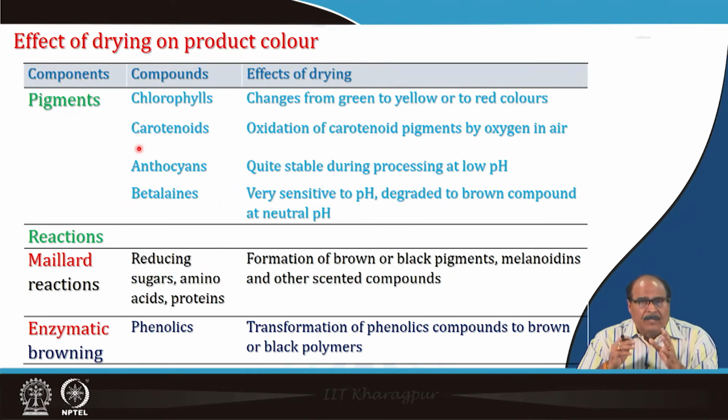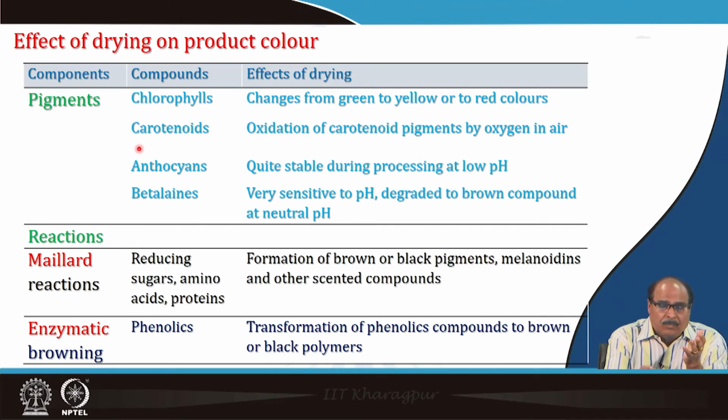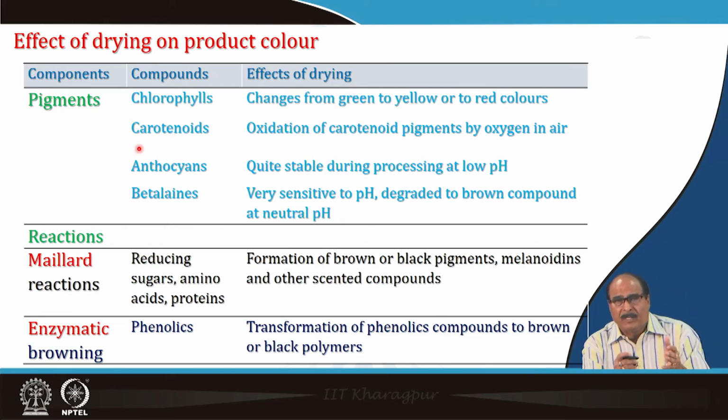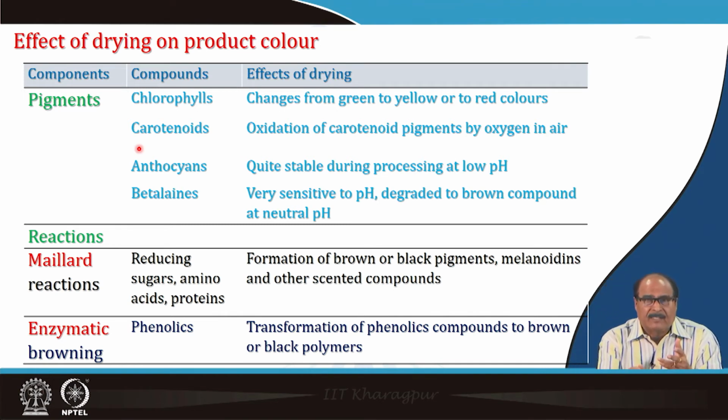The effect of drying also influences the product color. Chlorophyll changes from green to yellow because chlorophyll is converted into pheophytins and pheophorbides. Carotenoids may be oxidized. Anthocyanins are quite stable during processing at low pH, but their color changes as an effect of heat.